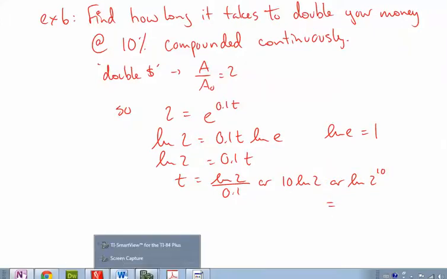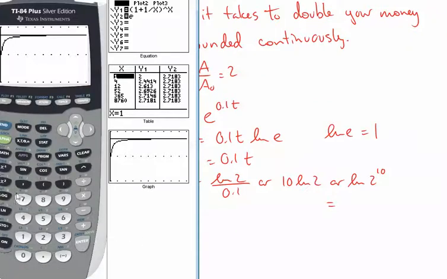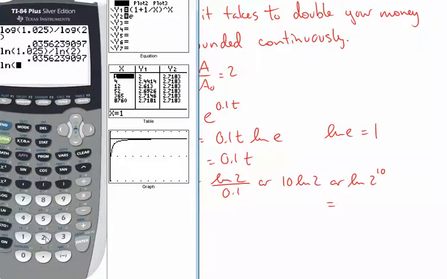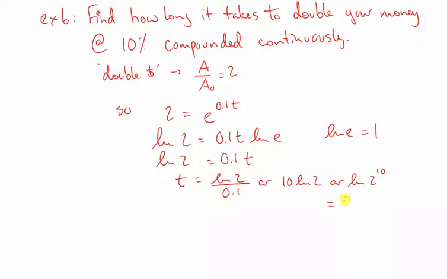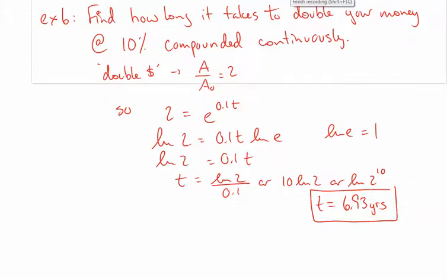Let's go here. We have 10 ln 2, close bracket, 6.93. 6.93 years is the value of t to double our money. There you go. That's it for application.